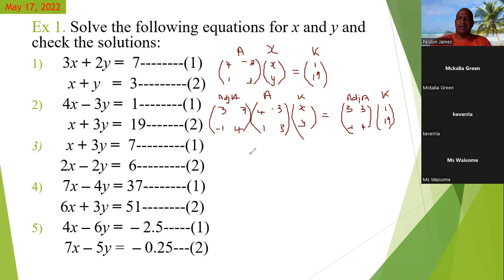So here we should have 15, 15, 0, 0, times X, Y. So we would have that equal to 3 times 1, 3, plus 3 times 19 will give you what? 57, sir. 57.